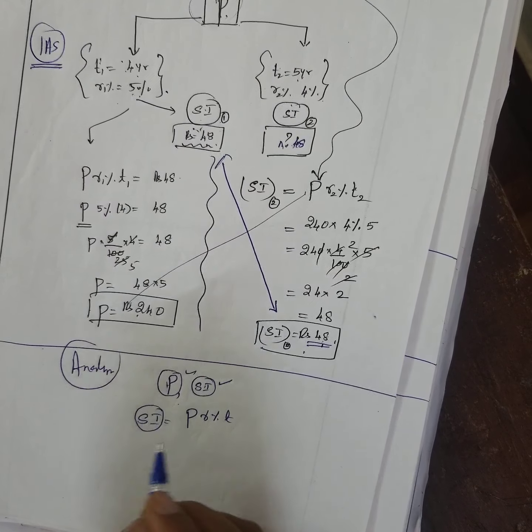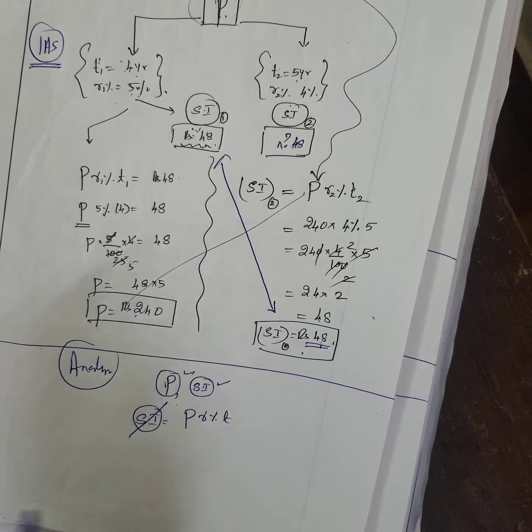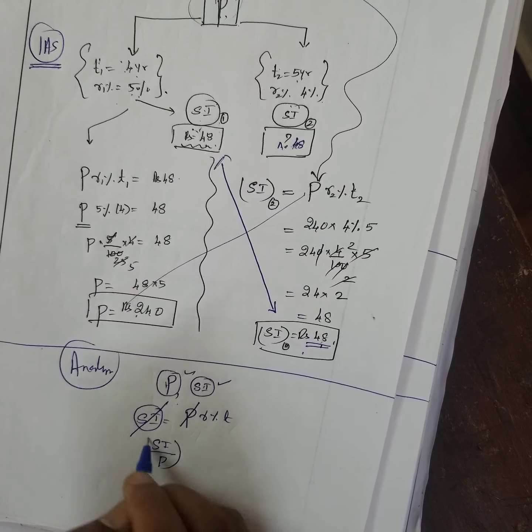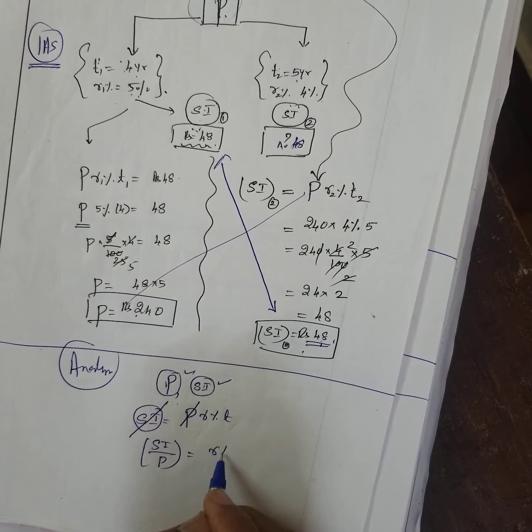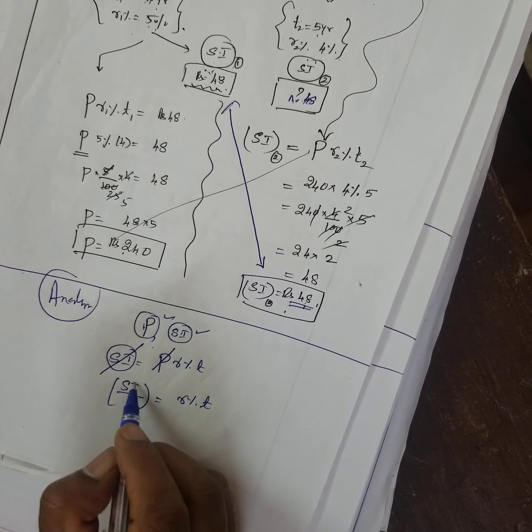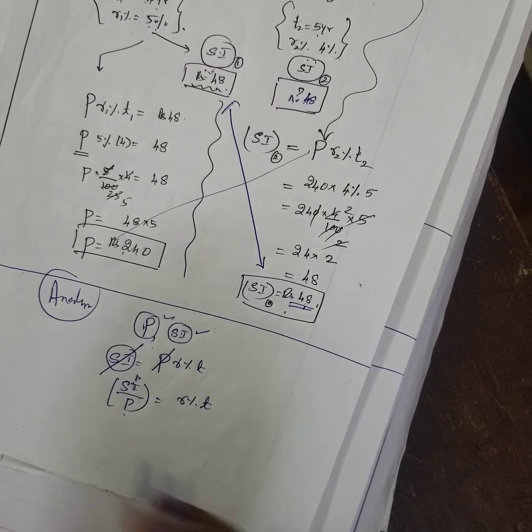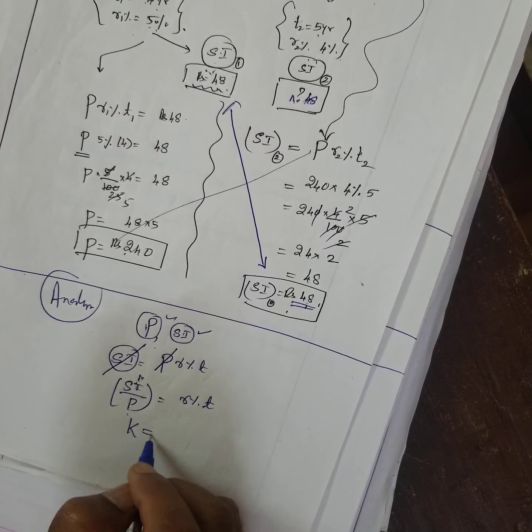Now simple interest is constant. This is also constant. Therefore, simple interest divided by principal, this one constant divided by another constant, is a new constant.